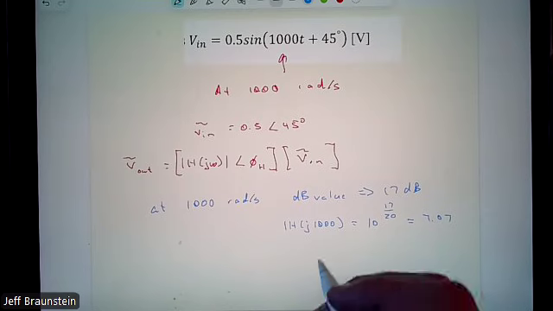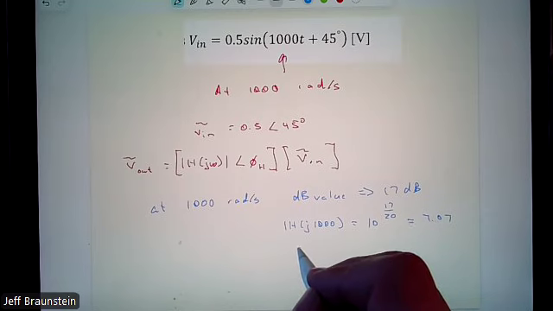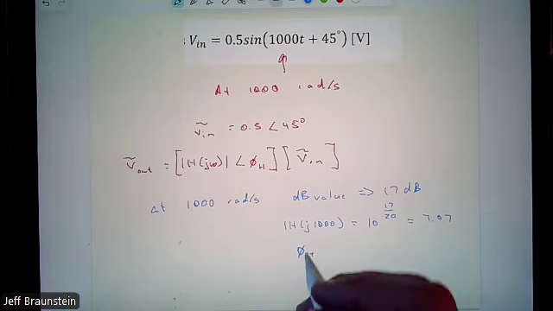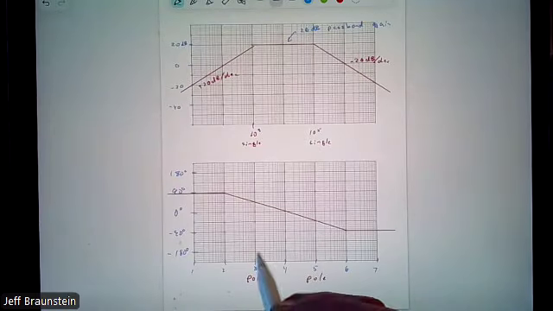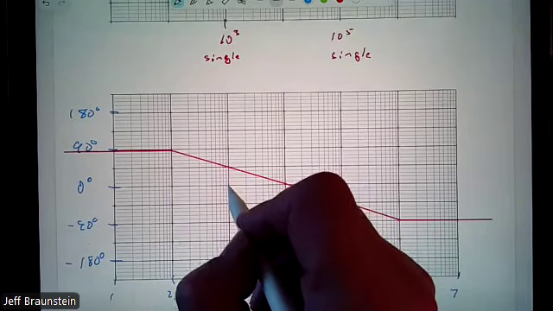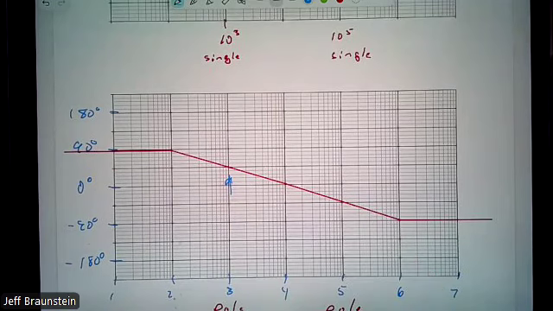And likewise, we can look at our angle of H, we just go straight off the plot. Here, we don't even have to do any work. At 1,000 radians per second, what's my angle? It's positive 45 degrees. Do we all agree? Again, we're just reading off the plot.